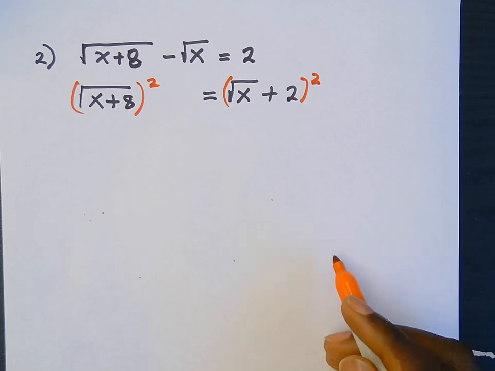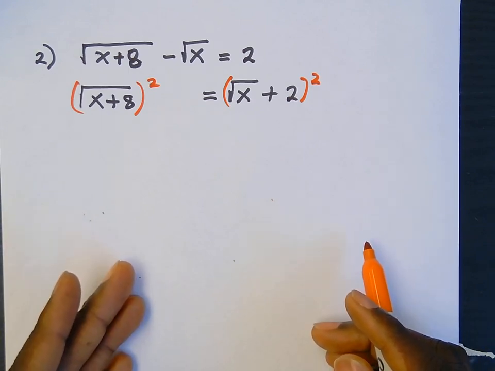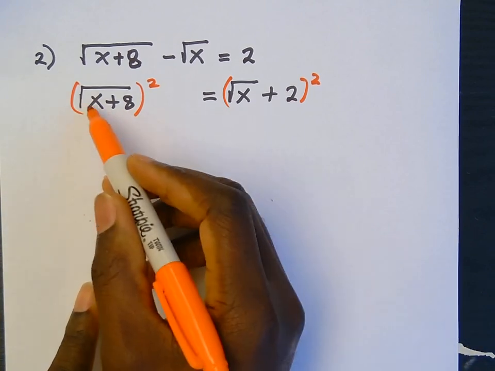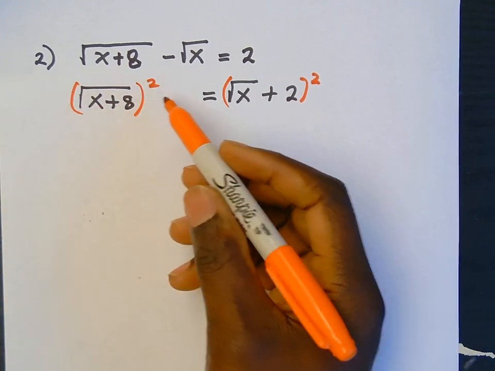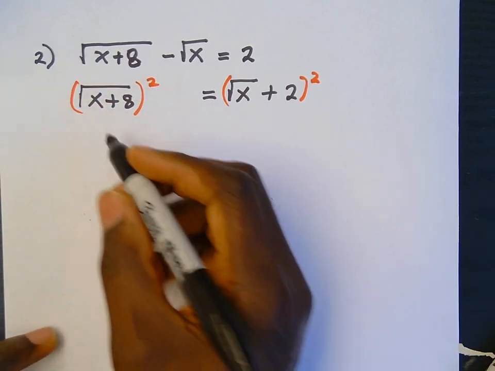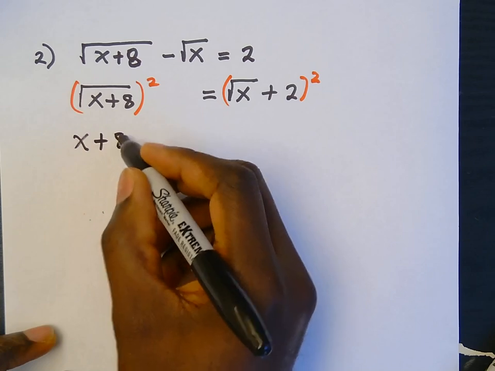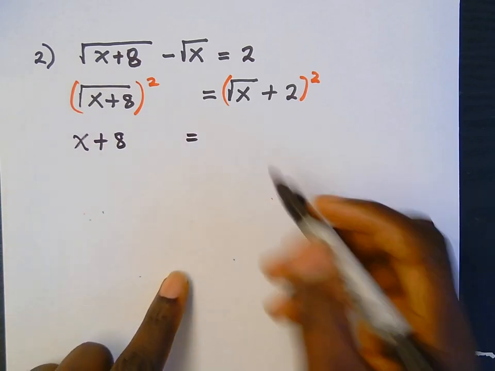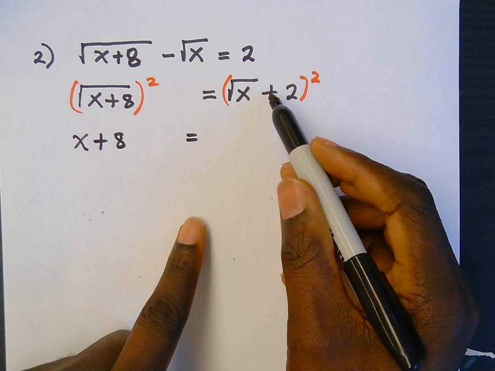In the first example, we had a cube root, so we did a cube to get rid of the radical. Now the square root and the square will cancel out, so we have x plus 8 on the left hand side, and on the right hand side we are going to FOIL this.